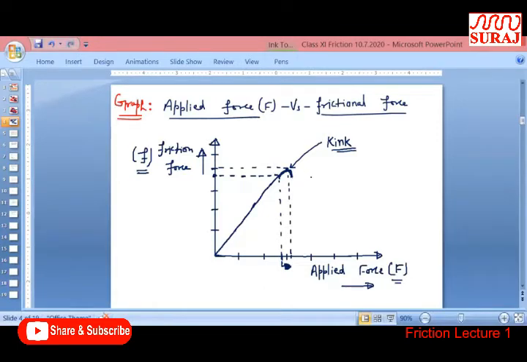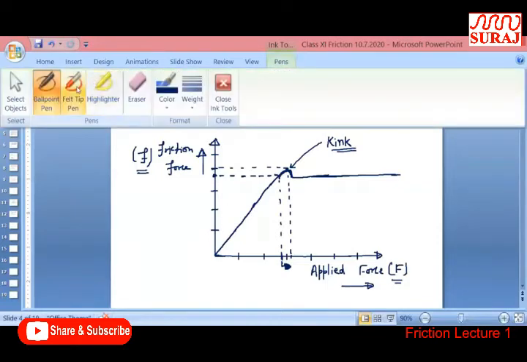Once the block starts moving, the friction force decreases. The value of friction force becomes constant but lesser than this peak value on the kink. Okay, this is the phenomenon.